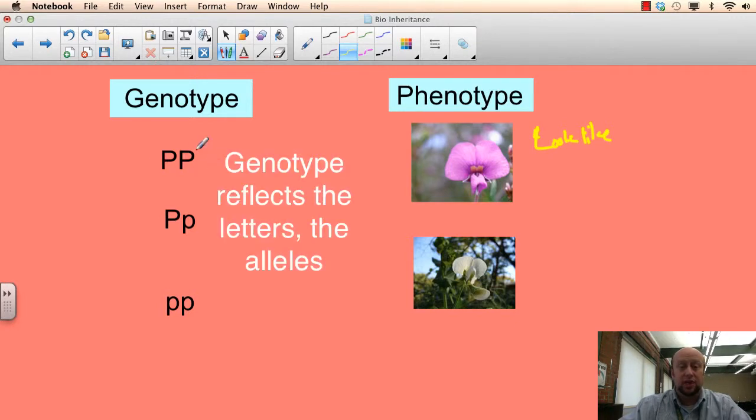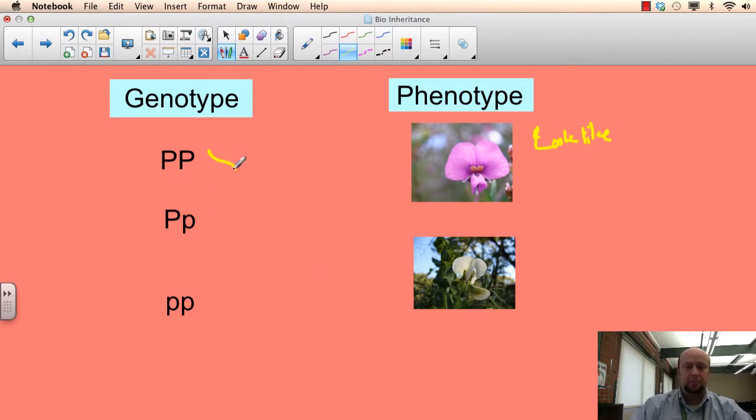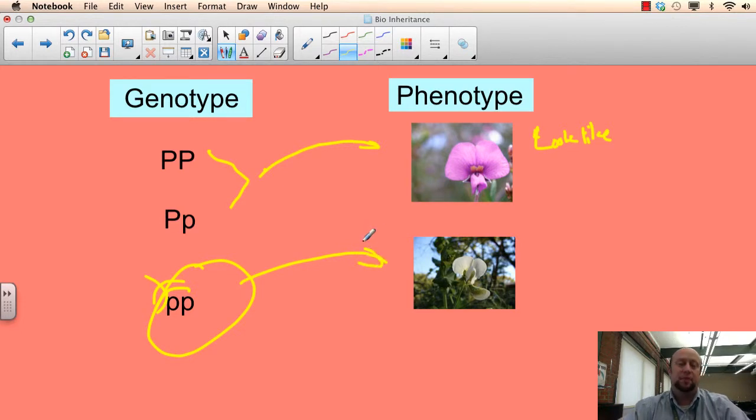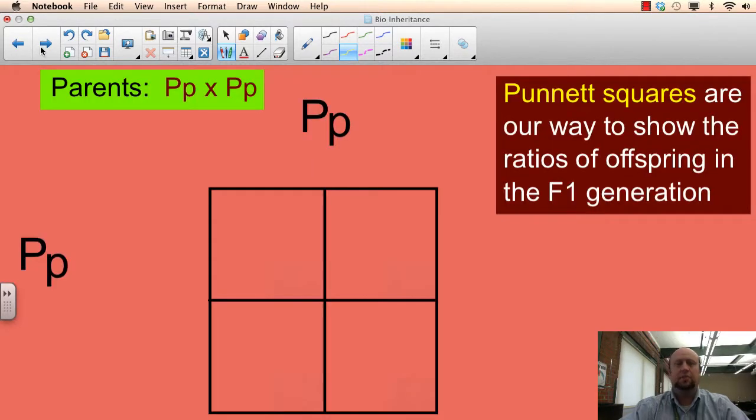What are the letters that get split up? So capital P, lowercase p, both of these genotypes here, the homozygous dominant and the heterozygous, both lead into purple plants. To get the white plant, I have to have homozygous recessive. So genotype is the letters, phenotype is what it actually looks like.